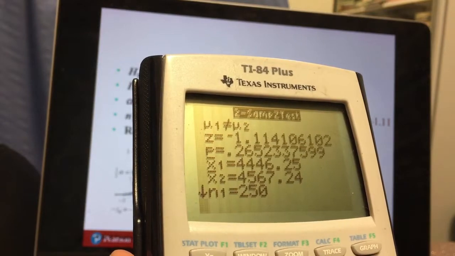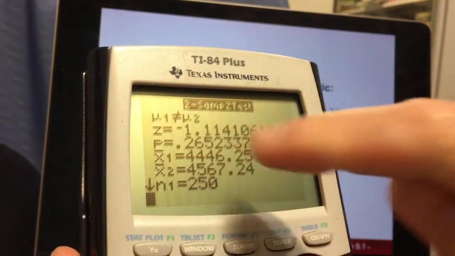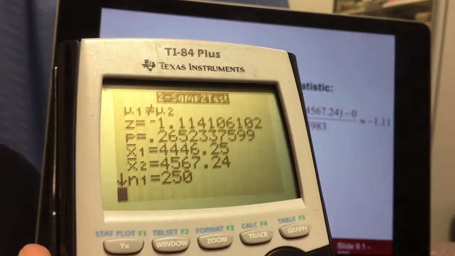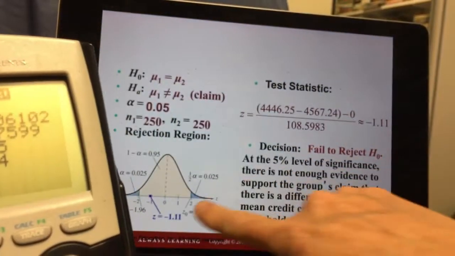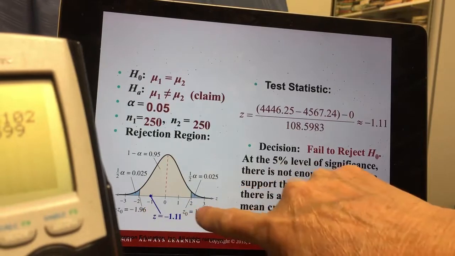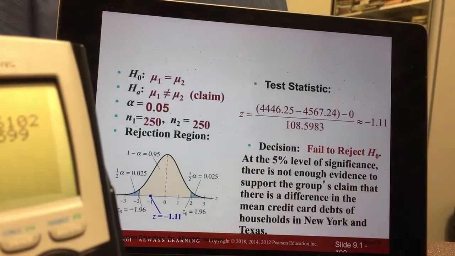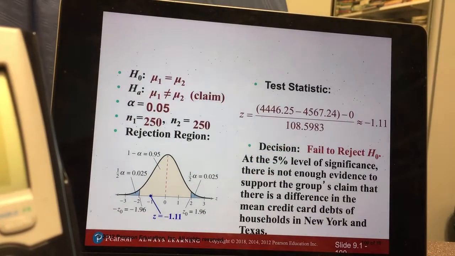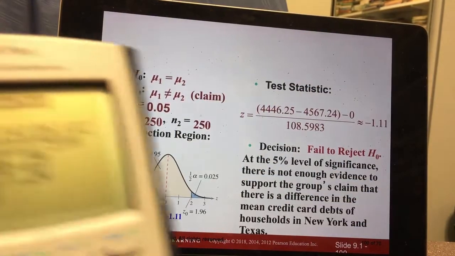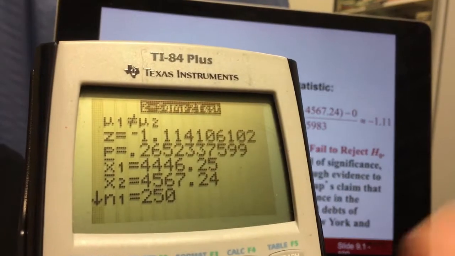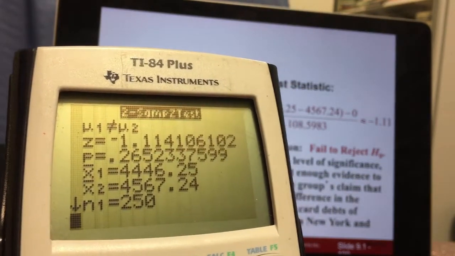And we end up getting all of this other stuff that we didn't really need to put in there. Our decision is going to be fail to reject because it's not in the rejection zone for 5% alpha there. So that's just doing a z-test. And you see that now we could use the p-value also.